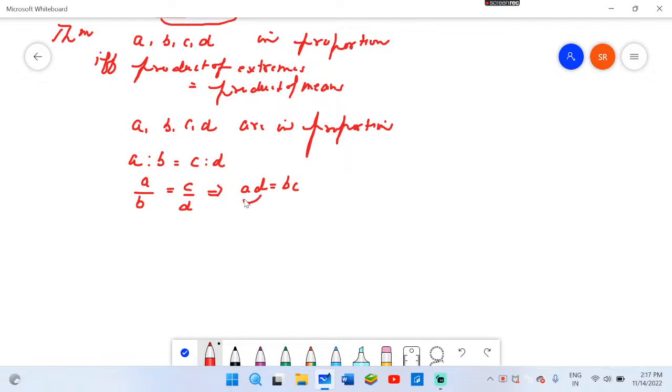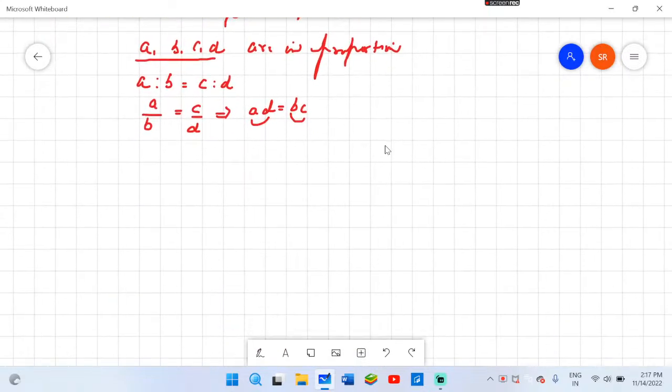What is AD? Product of extremes. What is B into C? Product of means. So therefore, when A, B, C, D are in proportion, then AD must be equal to BC.